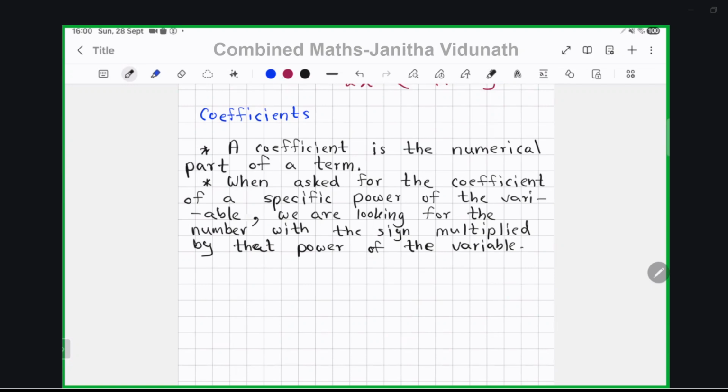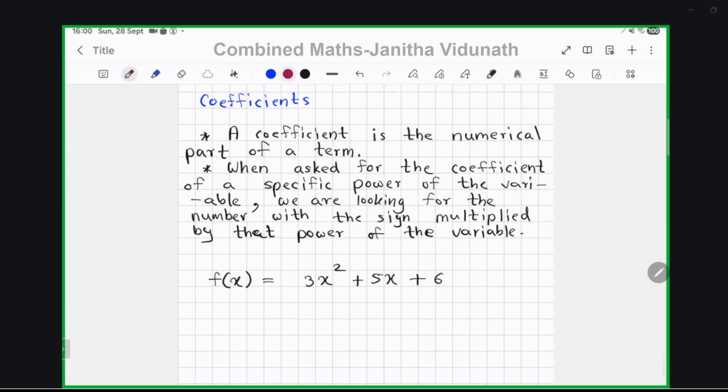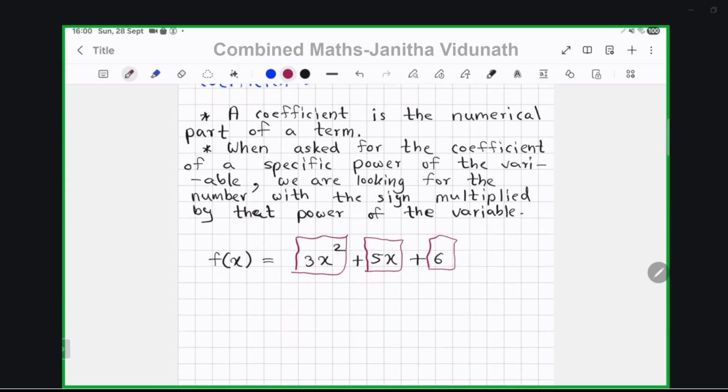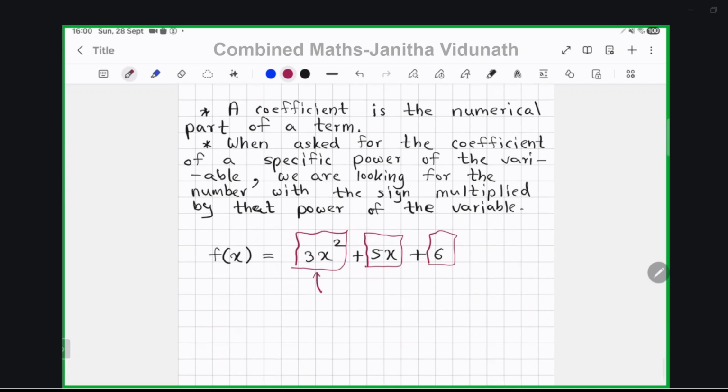That means, let's take an example: f of x equals 3x square plus 5x plus 6. Here this is our first term, this is our second term, and this is our third term. Now, our first term is 3 times x square. Then this is the variable term.